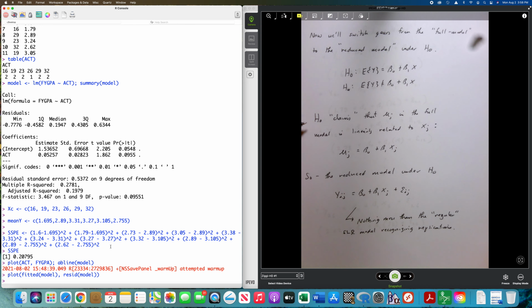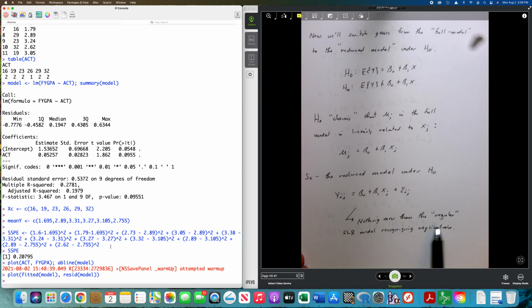So we'll play it out. H sub 0 claims that mu sub j in the full model is linearly related to the x sub j's. In other words, we can rewrite mu sub j as a linear function of our x sub j's. So the reduced model under the null hypothesis would be that each y sub ij, so each y we have in our data set, all 11 of them, can be expressed by a slope and an intercept times the x sub j plus an error term.